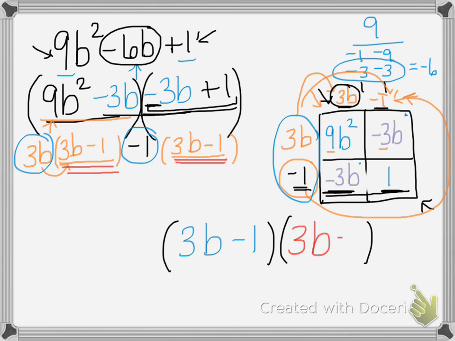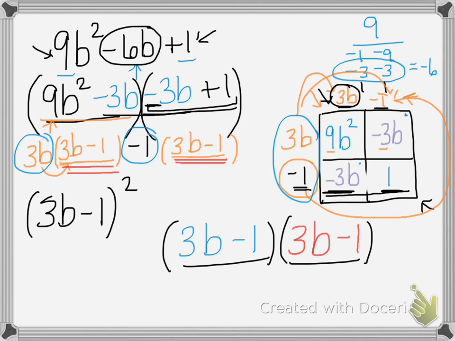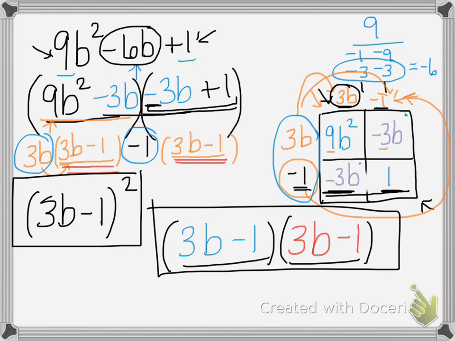So really, we have a perfect square here. You can write it like that, no problem, but you're taking one thing and multiplying it by itself. So you actually could also write this as the quantity of 3b minus 1 squared. Either way would be correct.